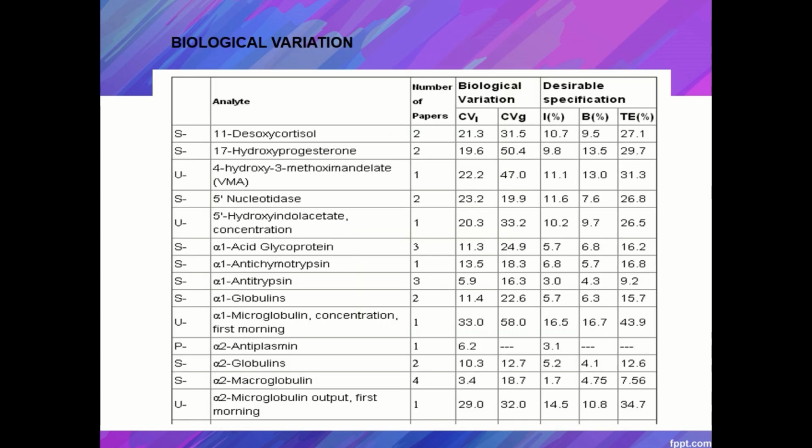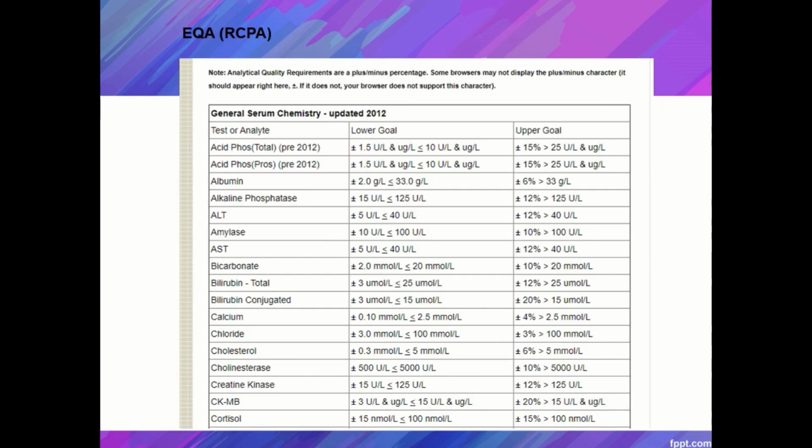So this is an example of the quality requirement for the category of biological variation. This is the quality requirement that we can find from the EQA. For this example, it is RCPA or Royal College of Pathologists of Australasia.